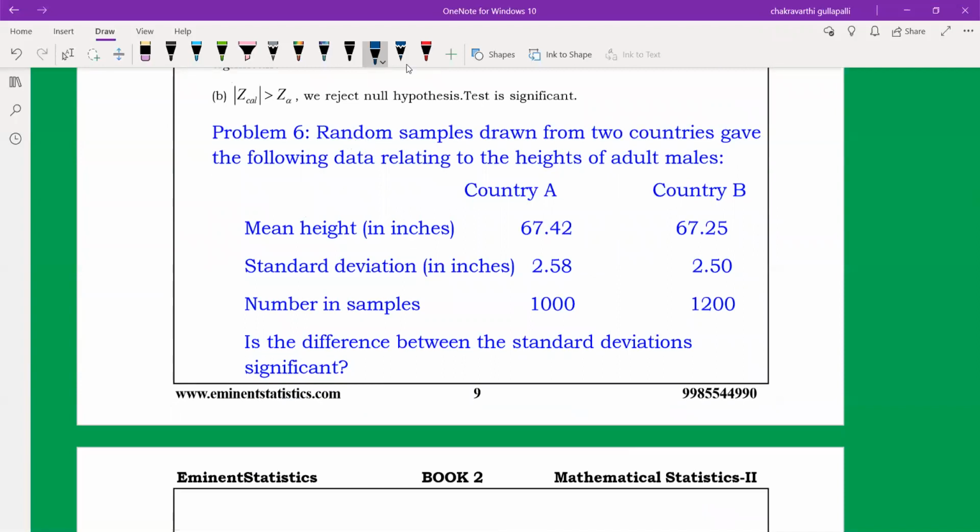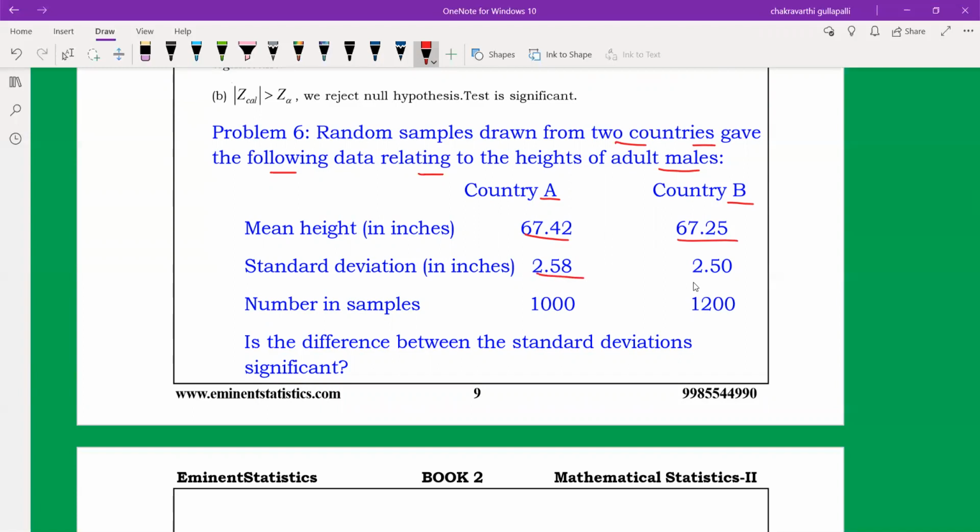A random sample of adult males drawn from two countries gave the following data relating to heights. Country A: average height 67.42 inches. Country B: 67.25.